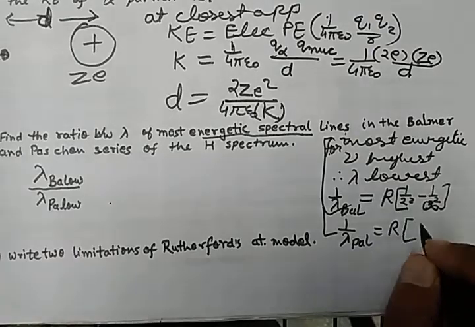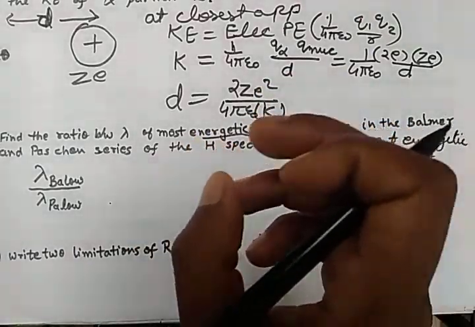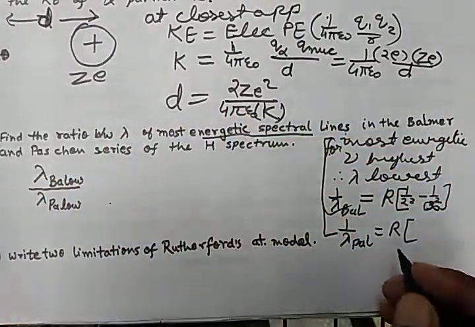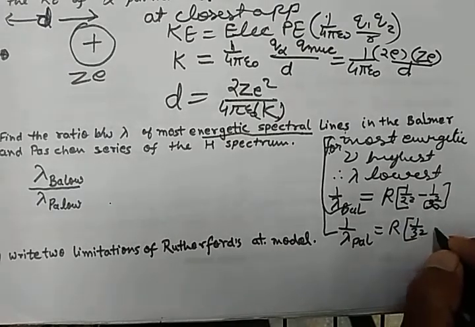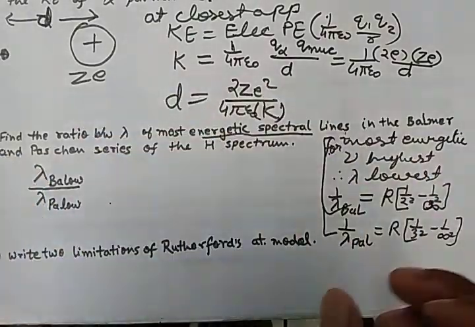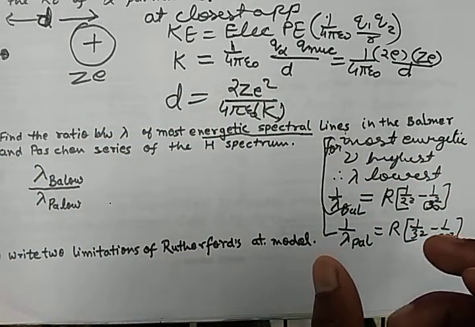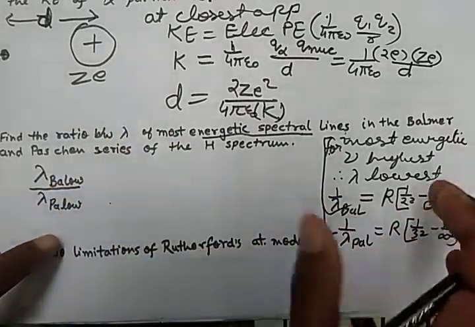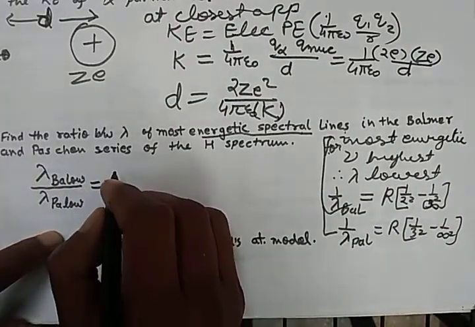See how they are just changing the terms, changing the words and confusing things. 3 square minus 1 by infinite square, we can directly use it here. You can start from here, and I am just reducing the work, so I am doing it here and directly putting it on that side.